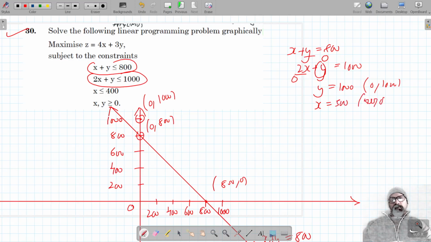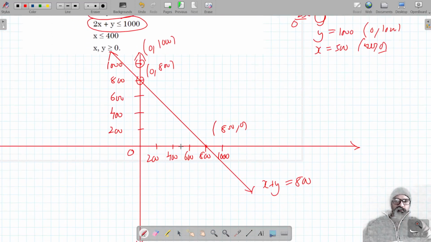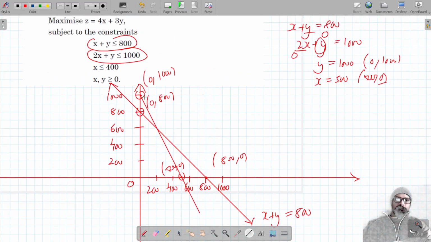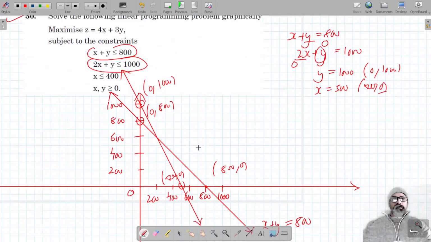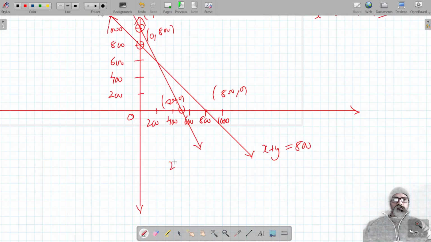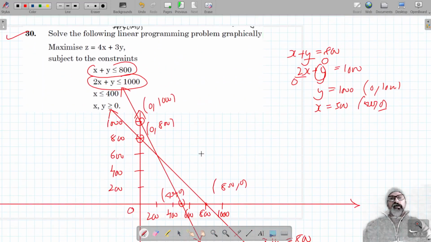So 500, comma 0. So 500 is here. So if I join these 2 points, it's actually like this. This is now 2x plus y is equal to 1000.